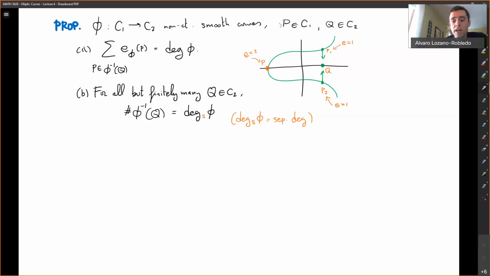If the number of points is the degree of the function, then, because I'm adding things that are at least 1, and in characteristic 0 the degree of phi and the separable degree are the same, if there are degree of phi preimages, then all the ramification has to be 1 at those points, so they're all unramified there. So there is ramification only at finitely many points, which is nice.